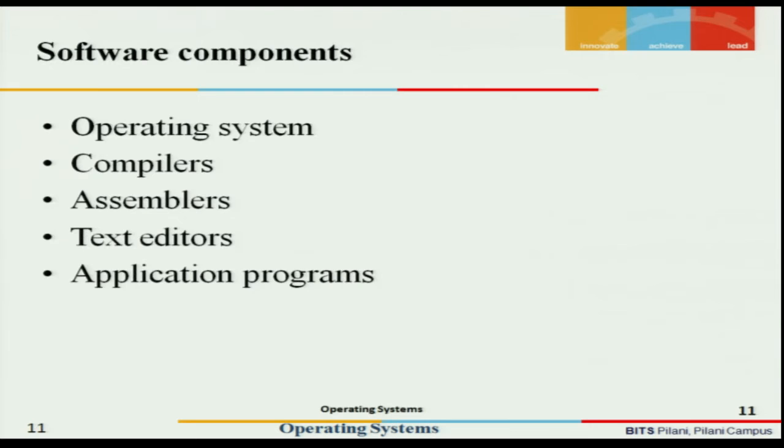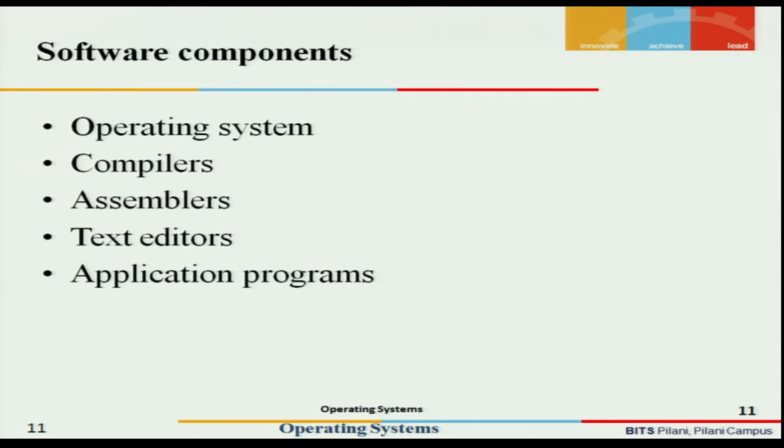If we look at the software components, they would be the operating system, which is the most fundamental, most important piece of a computing system. Then on top of it, the variety of other software which are supported are compilers. Compilers are nothing but translators.